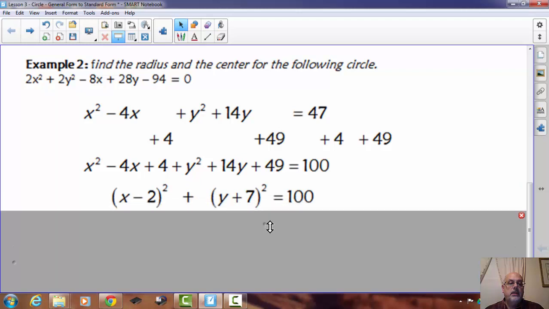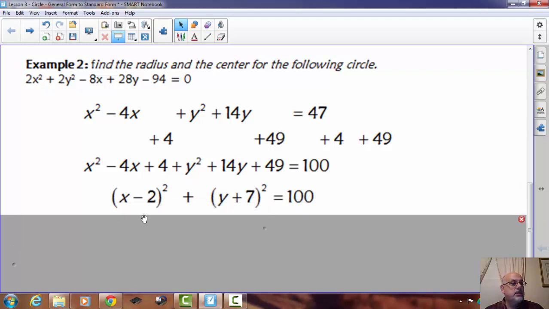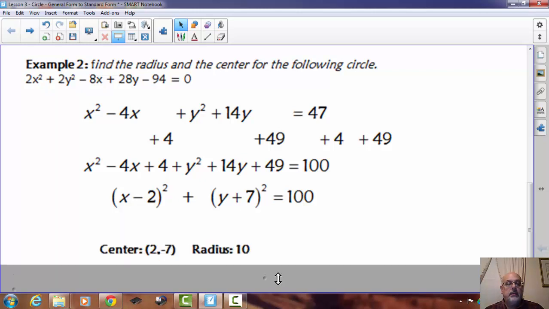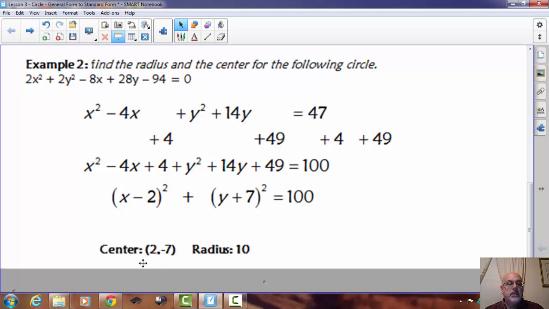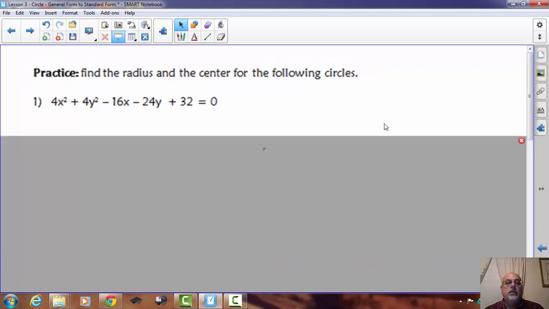Again, we force the perfect square trinomials, and now we can find our center is at 2, negative 7, and the radius is the square root of 100, which is 10.